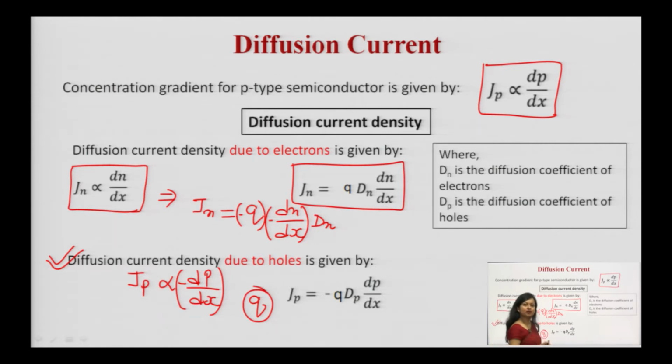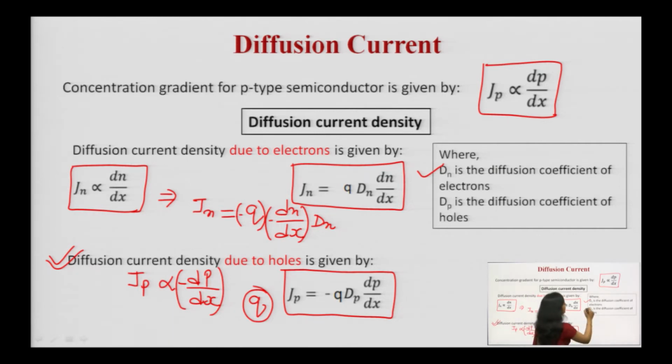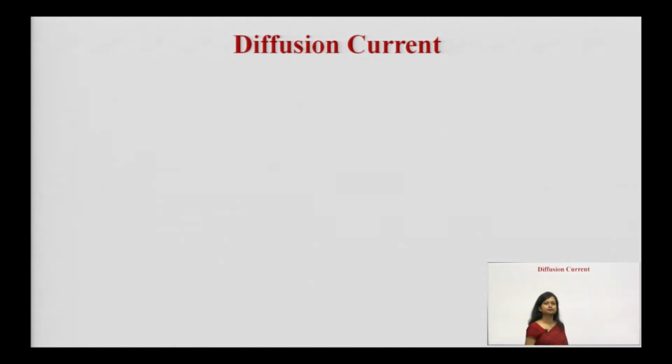The charge on the hole is positive, plus q, that is why there is a minus sign over here. So, the equation is Jp equals minus q into Dp into dp upon dx. Here you are finding two terms: Dn is the diffusion coefficient for the electrons and Dp is the diffusion coefficient for the holes.